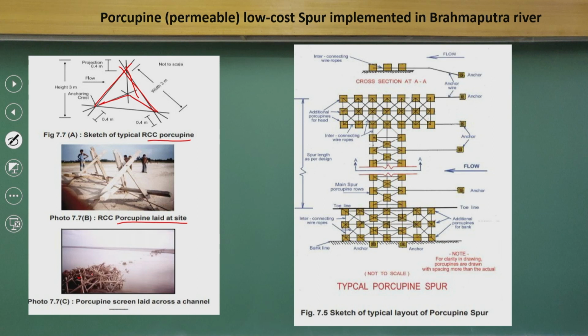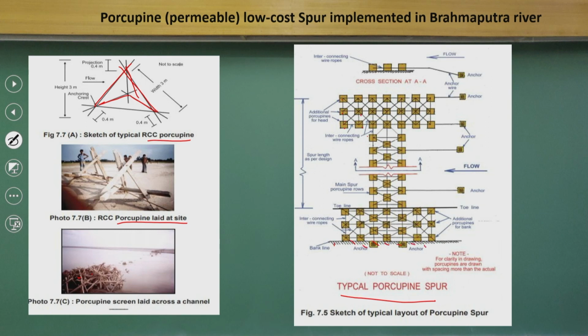And we can create a Procopine spur. You can see the top layout of the Procopines. It can have anchoring, and you can have a series of Procopine structures with anchoring. That way you can create a field, and this is your embankment.